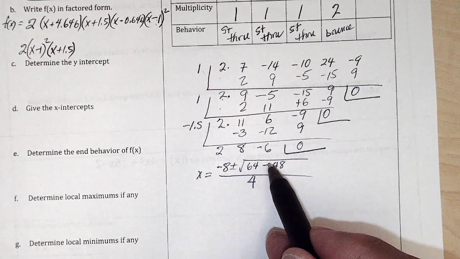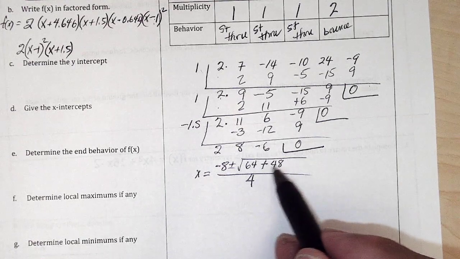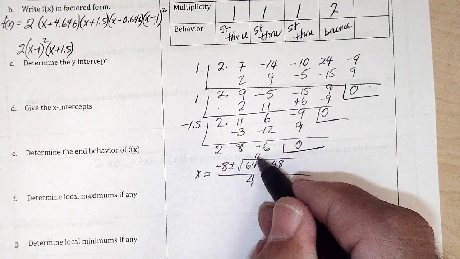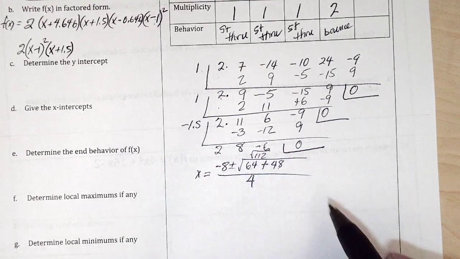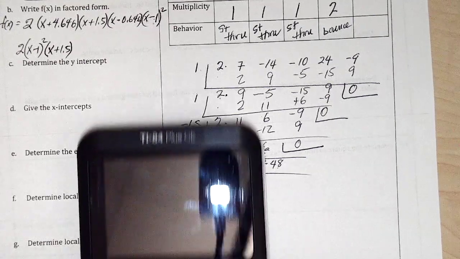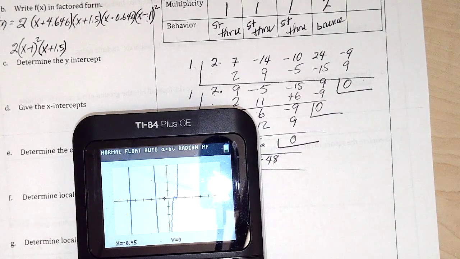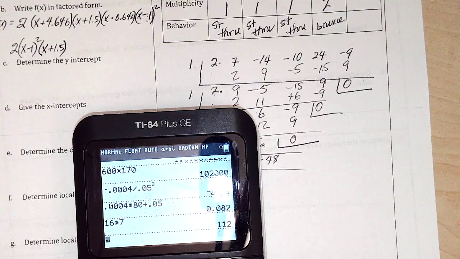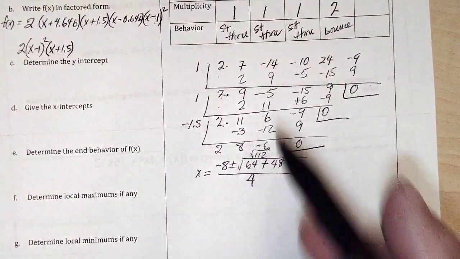Okay. And a negative times negative is positive. So that's 64 plus 48, which is 112. And 112 is 16 times 7, I think. Yes.